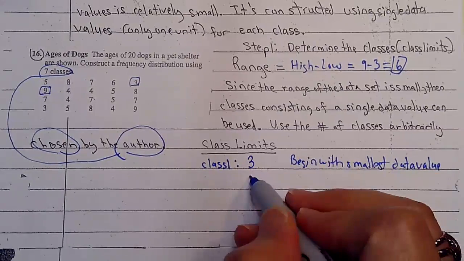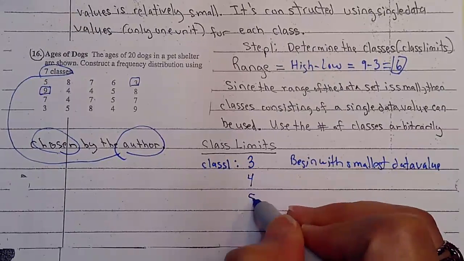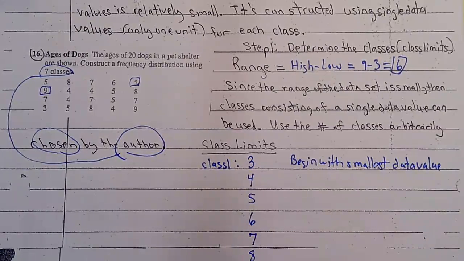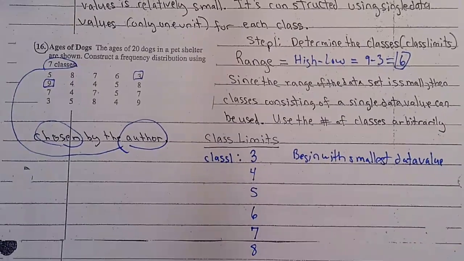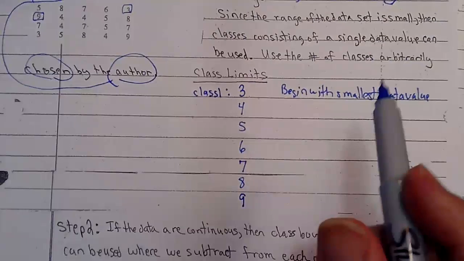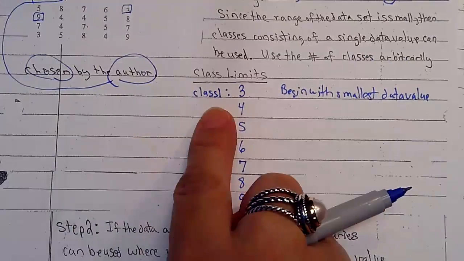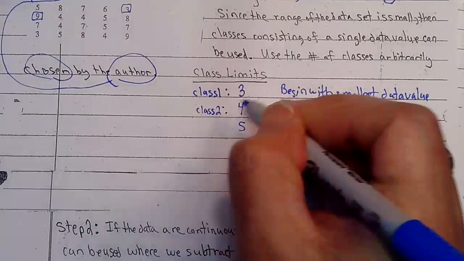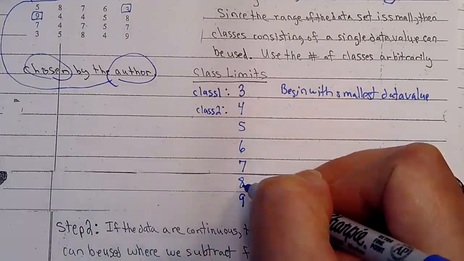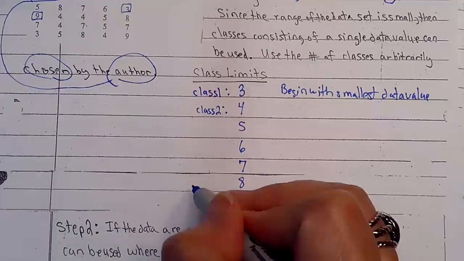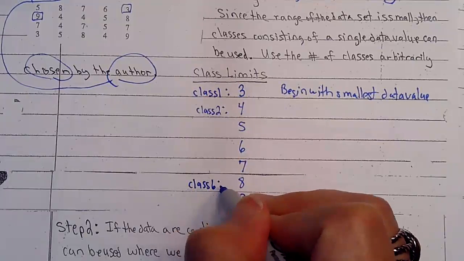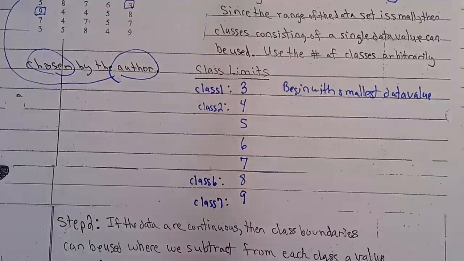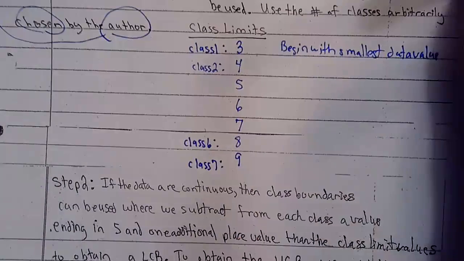Then I just have 3, and then 4, 5, 6, 7, 8, and then 9. The reason I know to stop at 9 is because I want to have 7 classes. So this is class 1, class 2, class 3, class 4, class 5, class 6, and then class 7. See that? Okay, so that sets that up.